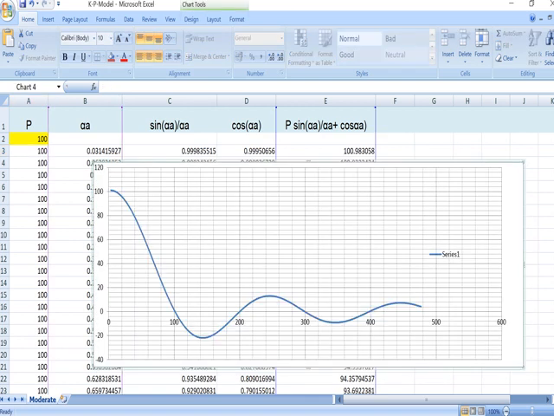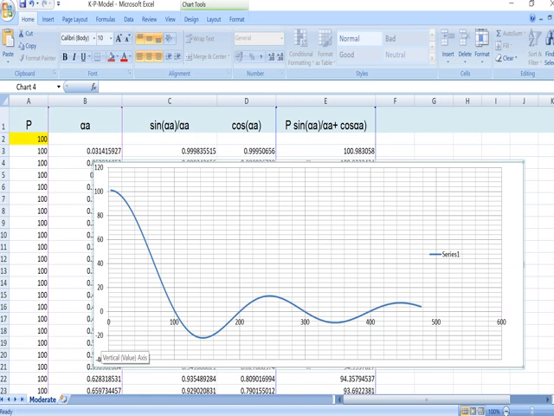Before we move ahead, friends, understand one thing: the left hand side should be between plus 1 and minus 1, that is of our interest, because the right hand side is a cosine term, and only those values of alpha a are allowed for which the left hand side lies between plus 1 and minus 1. That is the idea.